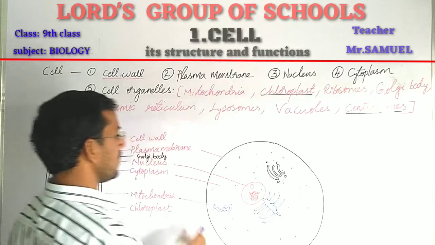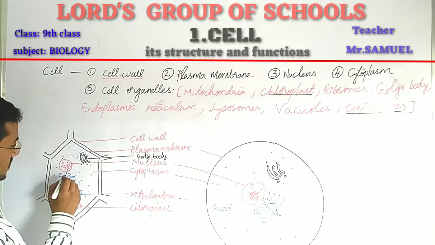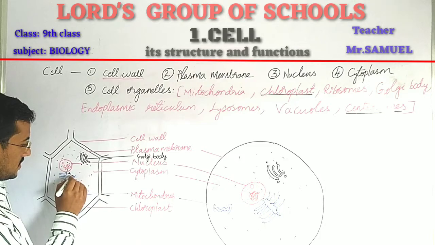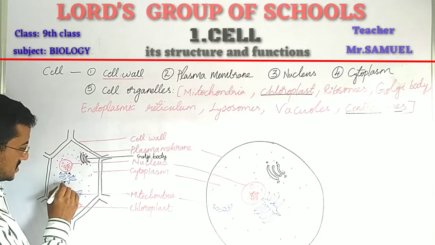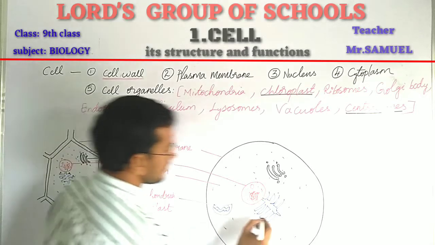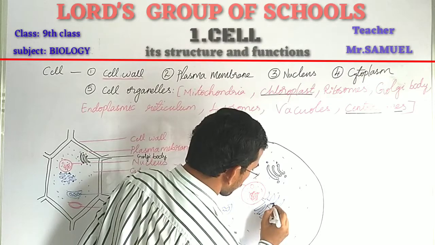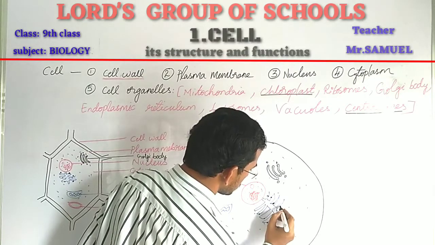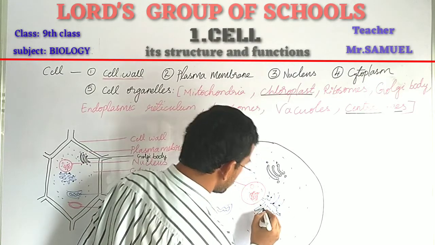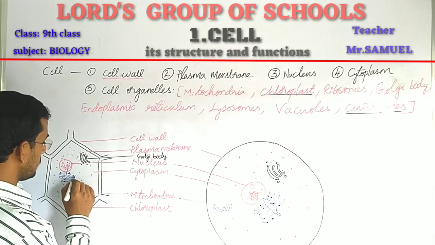So these are endoplasmic reticulum which are present near the nucleus, and attached to this endoplasmic reticulum are small round structures, these are ribosomes. So ribosomes are present on this endoplasmic reticulum. So let us label it.